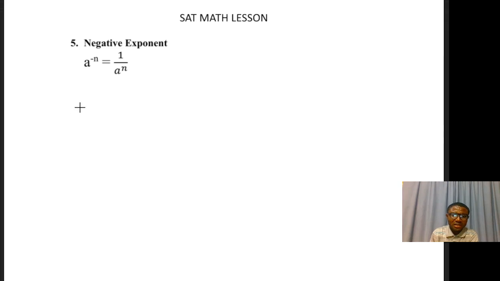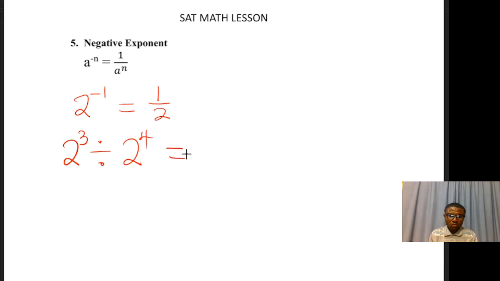Okay, each time we have 2 to the power of negative 1, this is the same thing as 1 over 2. Let's give this example. 2 to the power of 3 divided by 2 to the power of 4.